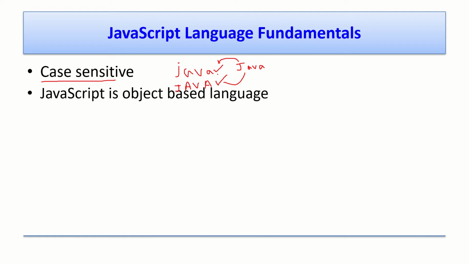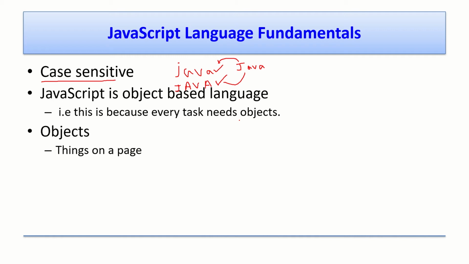And then JavaScript is an object-based language. Let's see what is meant by object-based language. That is because every task needs an object. In JavaScript we need objects for each and every task. So what are the objects? Object means anything on our web page.